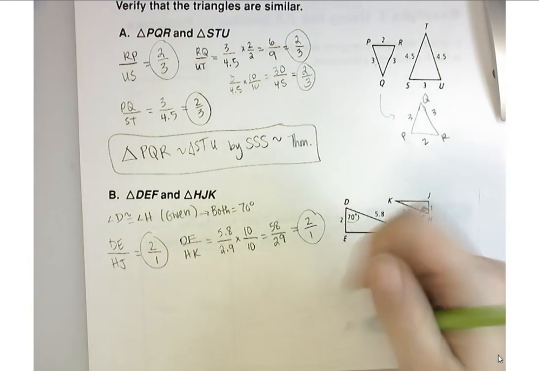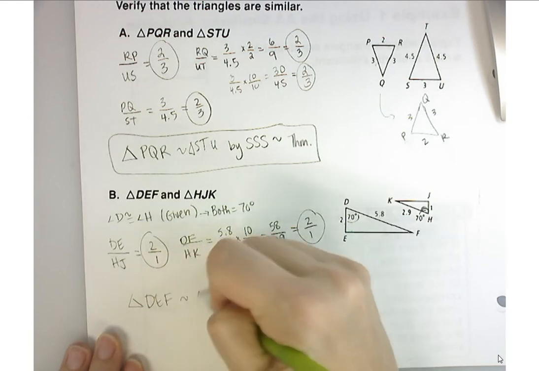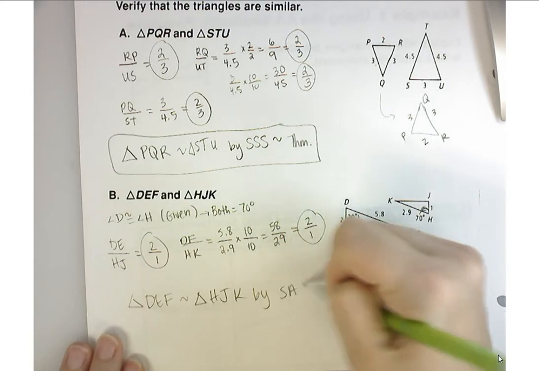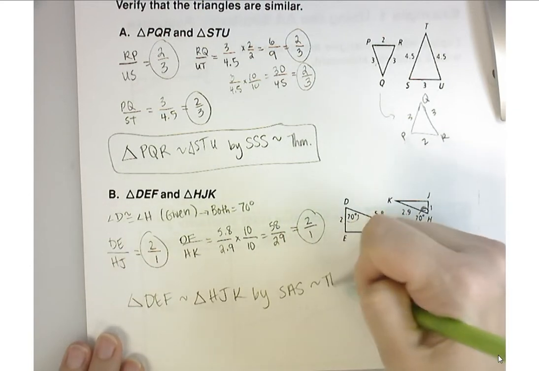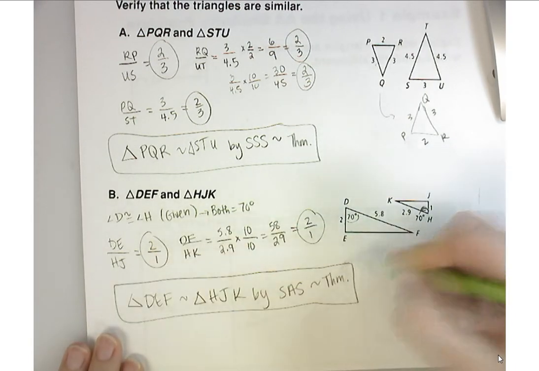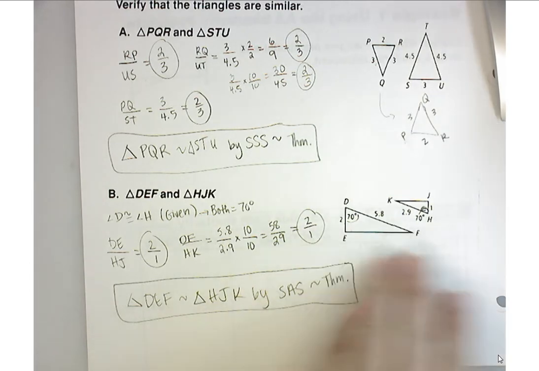Okay, so then that means that triangle DEF is similar to triangle HJK by SAS similarity theorem. Okay, if these were not the same, then you would just say that they're not similar. Okay, so if they are similar, make sure you say the theorem, and then if they're not, then they are not similar.